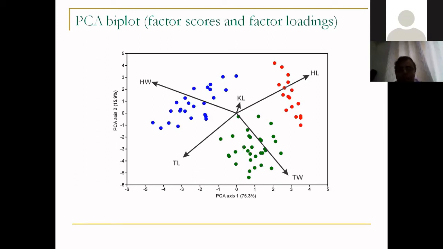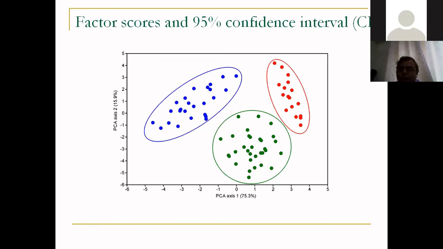Now you can do a visualization of this, but if you ask me, does this tell me that the red, blue, and green are three different organisms? Are they significantly different from each other? I'm going to talk about statistical testing a little bit later, but there is one way in which you can analyze that, and that is by plotting a 95% confidence interval. If you plot a 95% confidence interval, what does it mean?